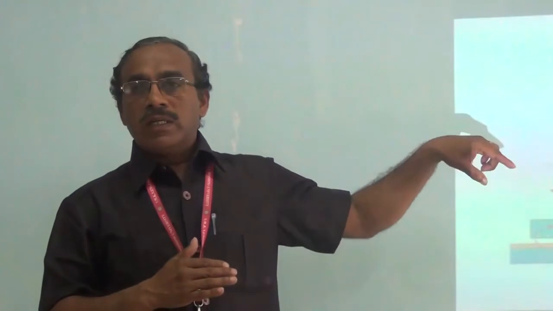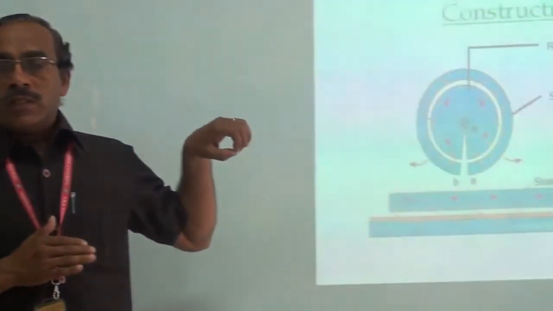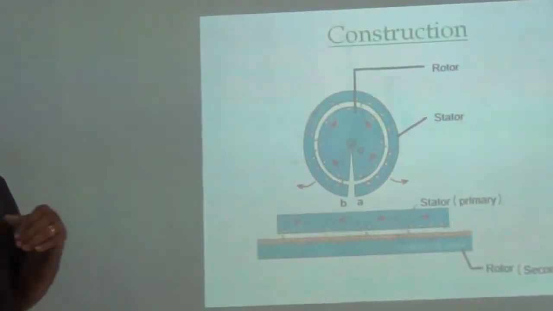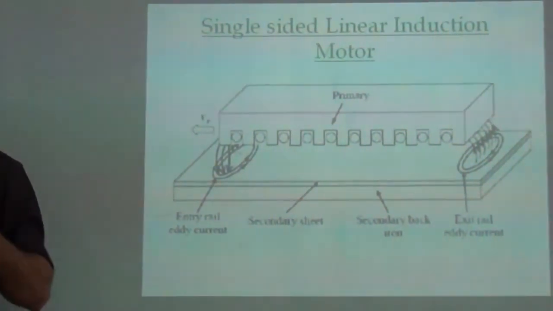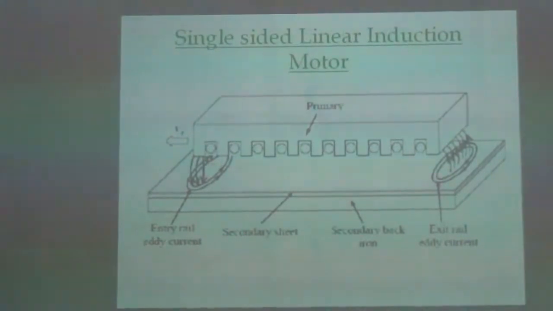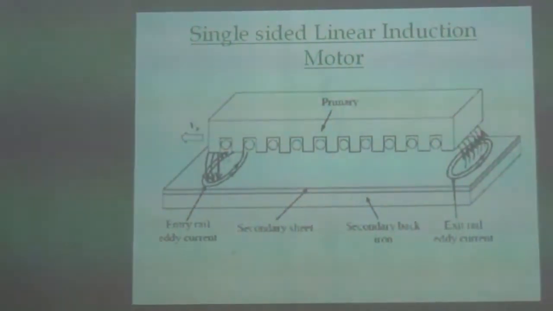So in that way, the bullet trains will be operated using the same principle of the linear induction motor. Coming to the types of linear induction motor, we have two types. One is the single-sided linear induction motor.